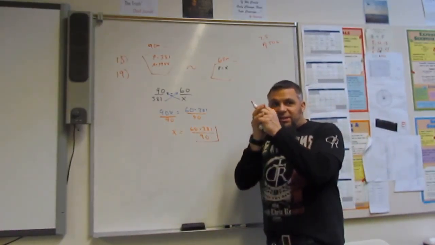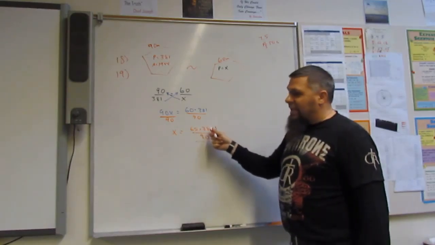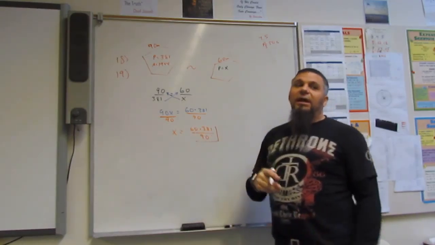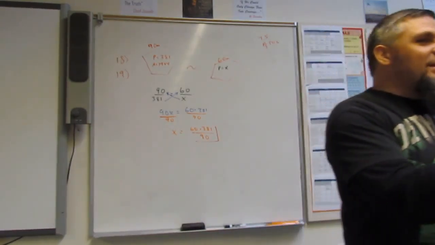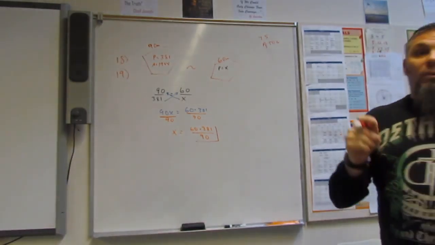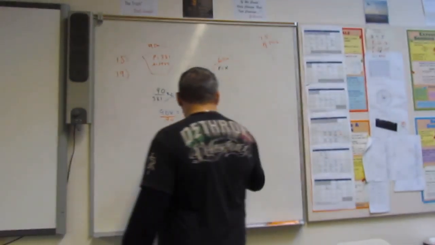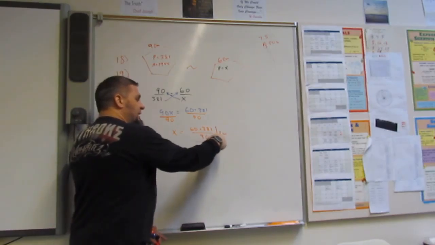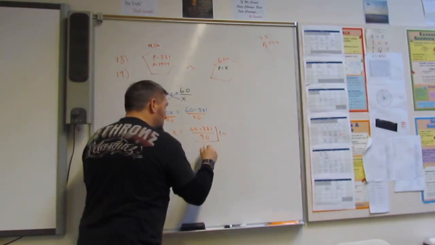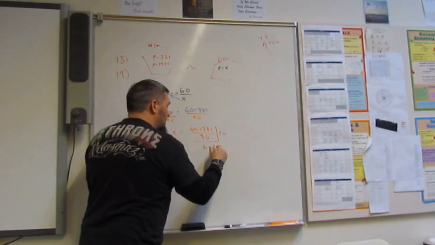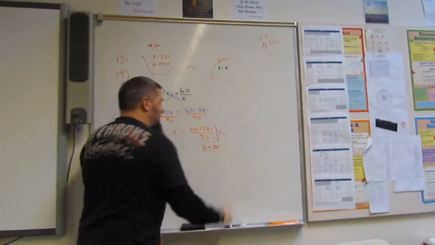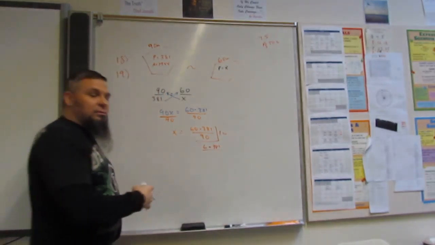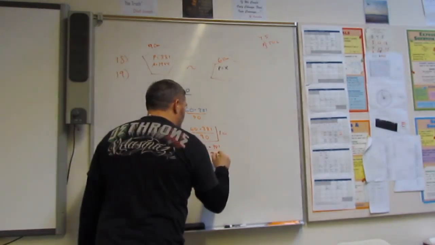So by it being separated, I'm still only going to take it out of one of these numbers that's multiplied. Now if it's adding, we've got to take it out of everybody on the block, right? But when it's multiplying, we don't. We just take it out of one. So 10 goes into 60 6 times, and so we get 6 times 381. And 10 goes into 90 9 times, right?